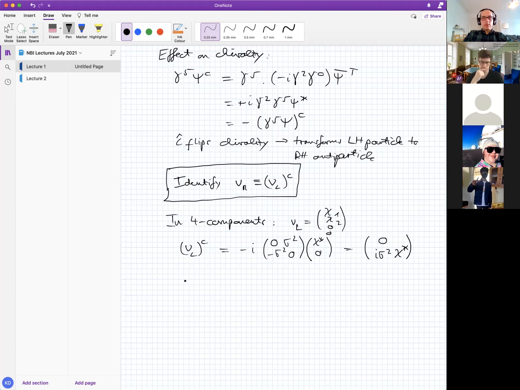So this means we can now write our 4-component spinor. Our 4-component Majorana spinor now consists in the upper 2 components of the usual left-handed field, and in the bottom 2 components, where normally there should be 2 independent right-handed states, we now put in this I sigma 2 times chi star. And this is now what we call a Majorana spinor.